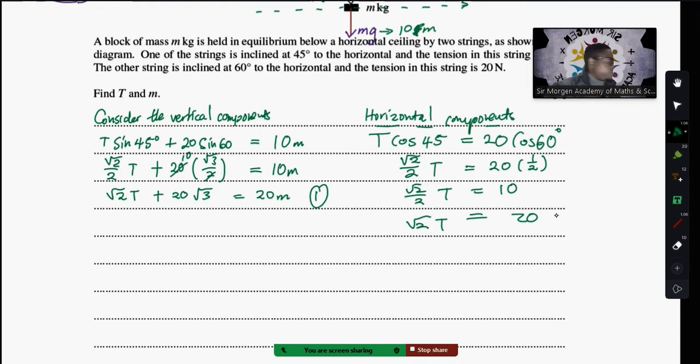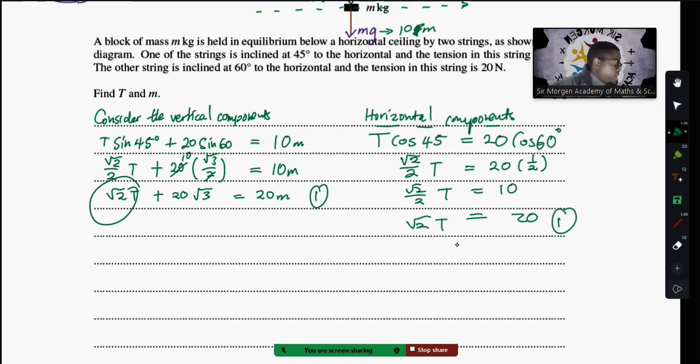This must be simple simultaneous equations. Now we need to solve these two. I'm sure you can see that root 2 T is equal to 20, so I can substitute 20 into equation 1.